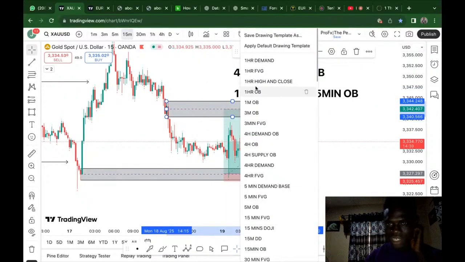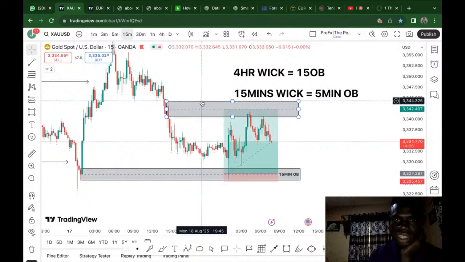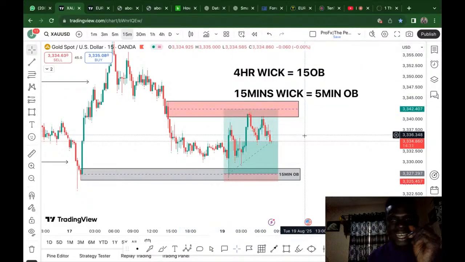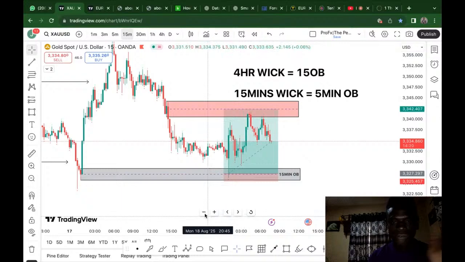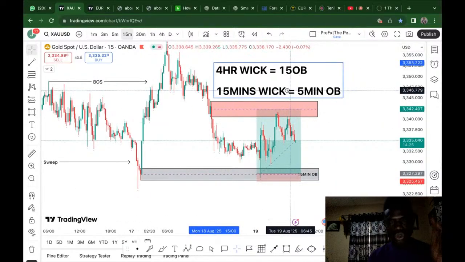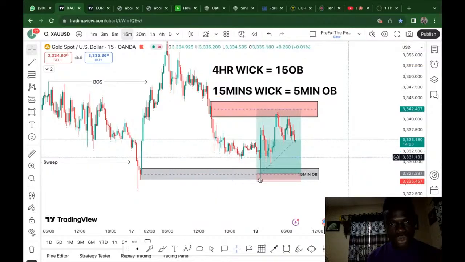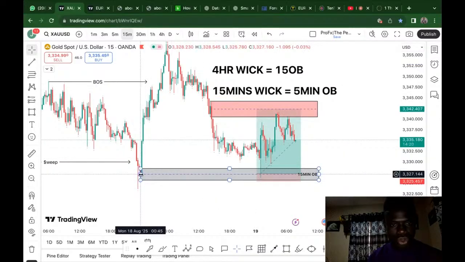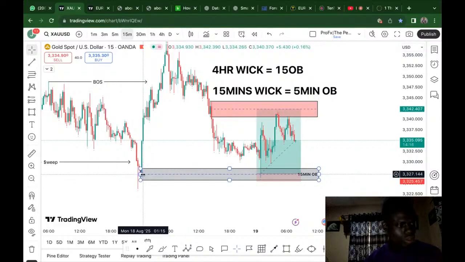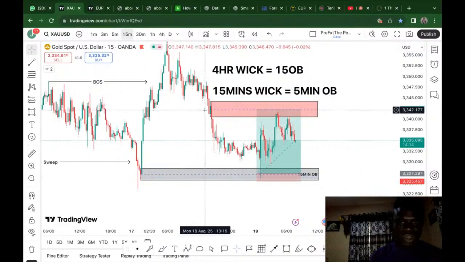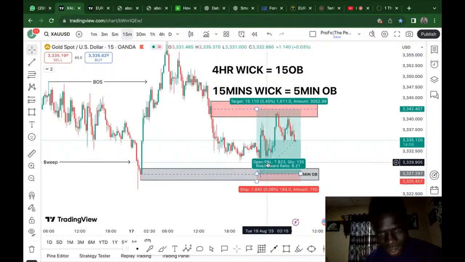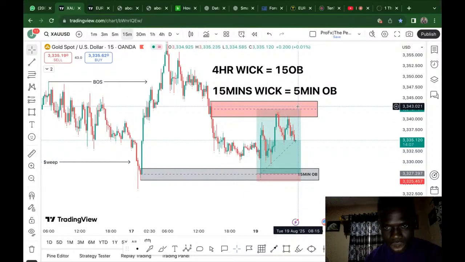Price will love to rest and relax. Price moves from target to target, from intention to intention, from demand to supply, from high to low, from support to resistance. So from order block to what? Order block. From a bullish order block targeting a bearish order block. Retracing to a bullish order block targeting a bearish order block.